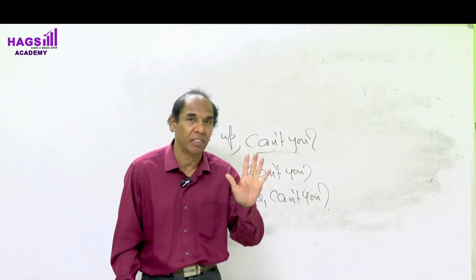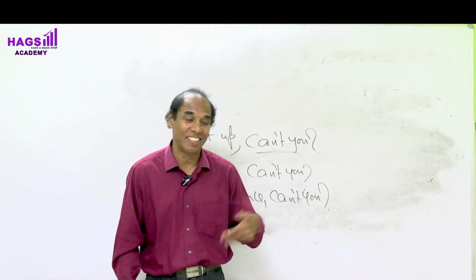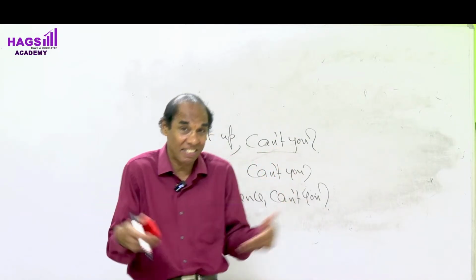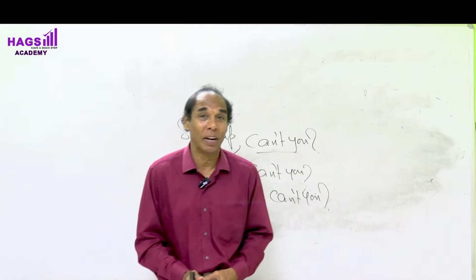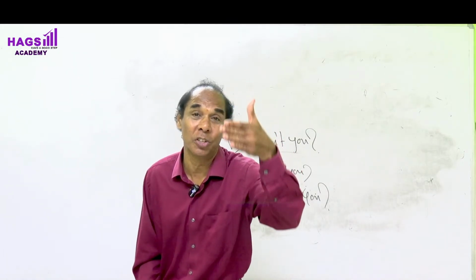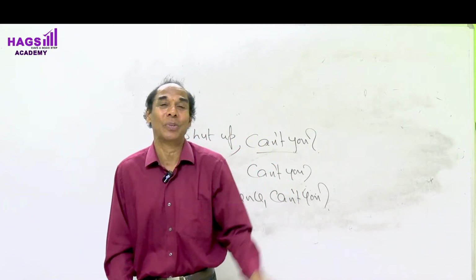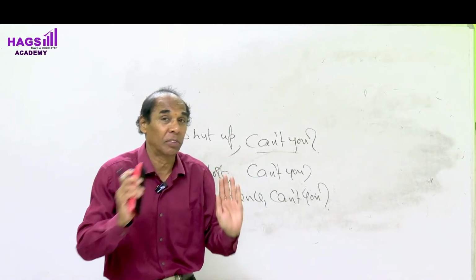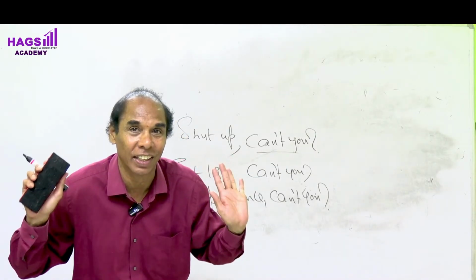"Please mind your business." Okay? Not a request. Under frustration, "please get out." Not a request. Under frustration, I am using please. So my dear students, sometimes we use the word please under the situation of frustration also. So don't think that when please is there, it gives only the expression of request. This is foolish thinking. Okay?